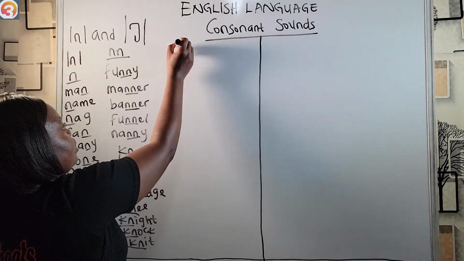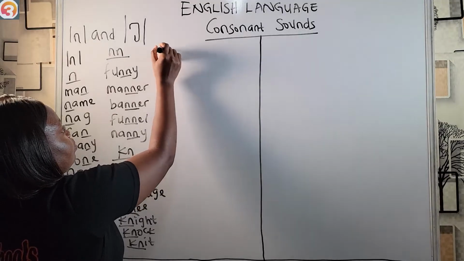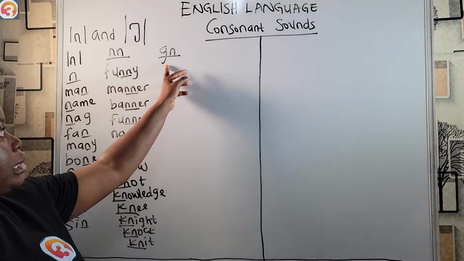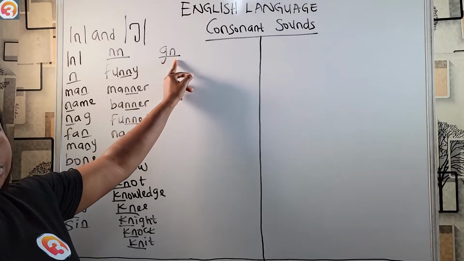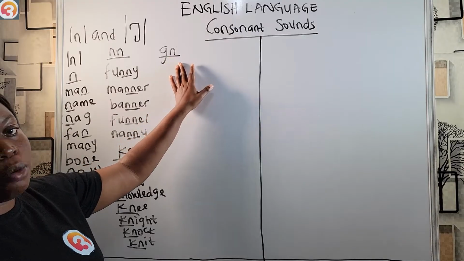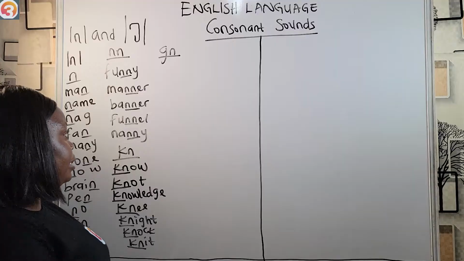Also GN as well. So the G is silent, leaving the N to be pronounced. Words like this with G starting the word and N coming after it contain this N sound because the G is silent.